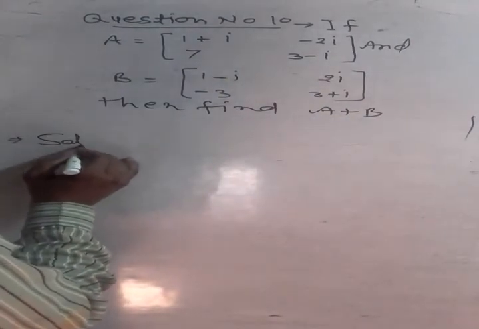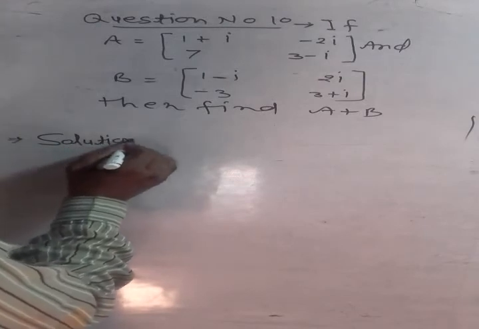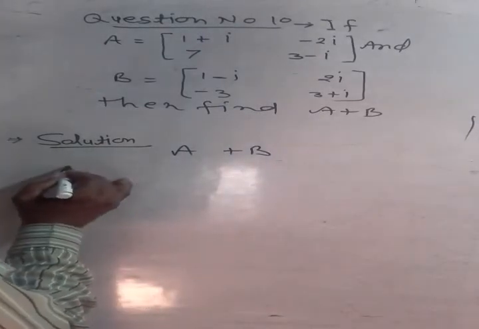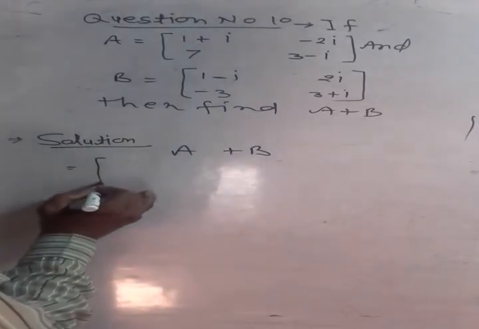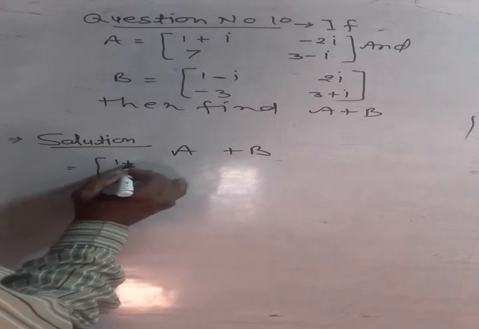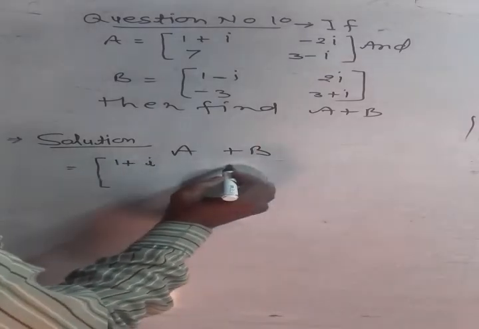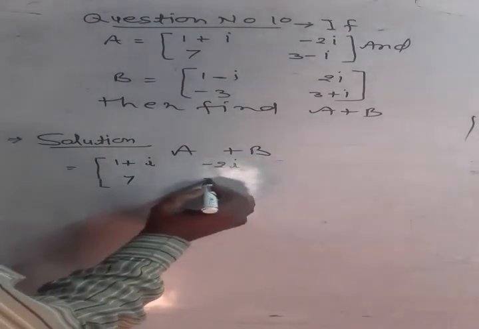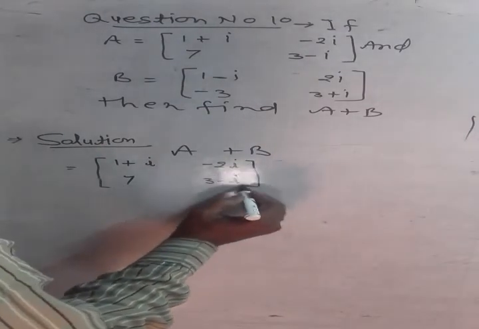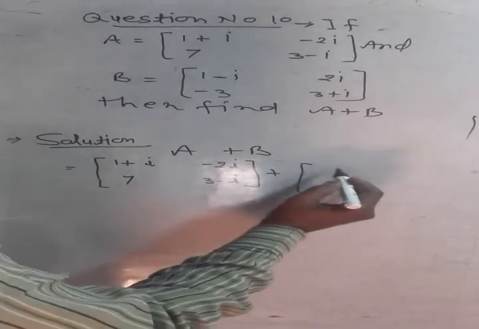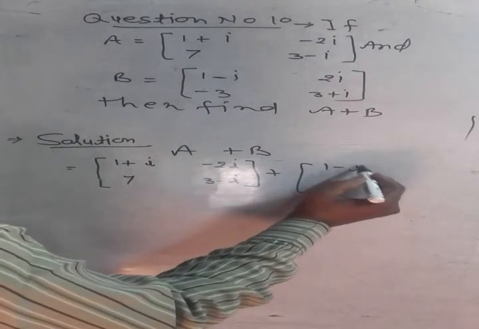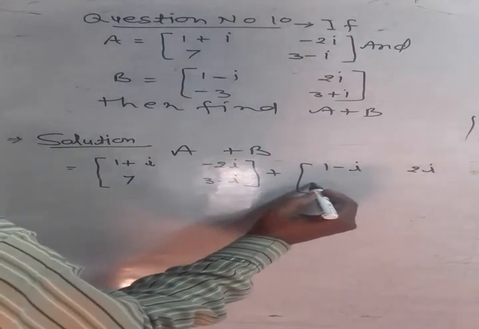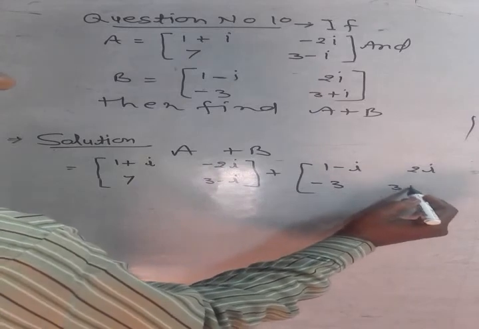Solution. A plus B. Value of matrix A, 1 plus i, minus 2i, 7, 3 minus i, plus value of matrix B, 1 minus i, 2i, minus 3 plus i.